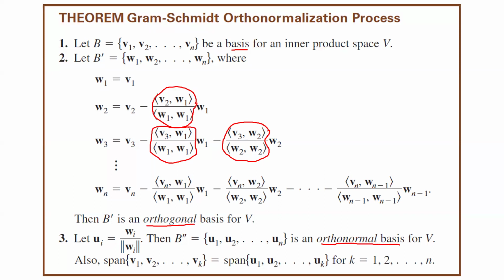For sure, you can say that v1, v2, v3, ..., vk span V, which is the same as saying that u1, u2, u3, ..., uk span V as well.